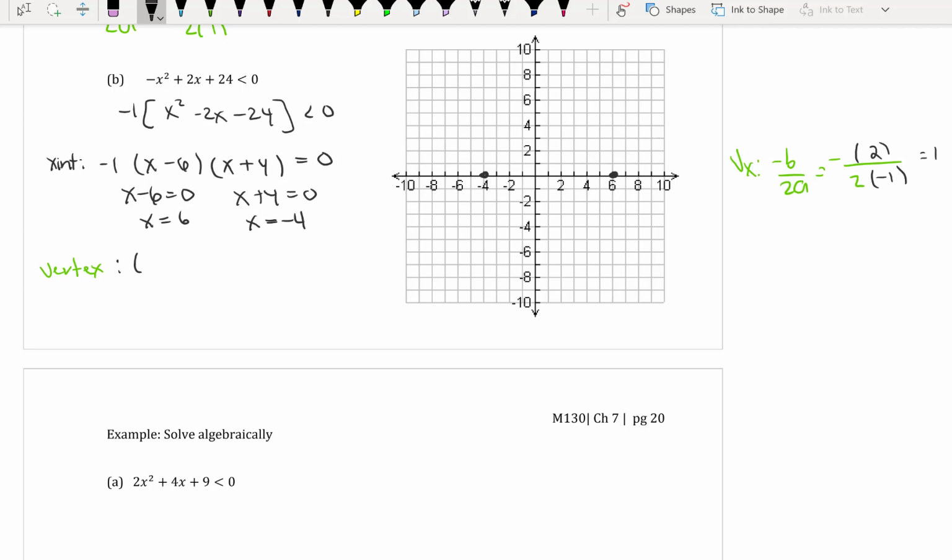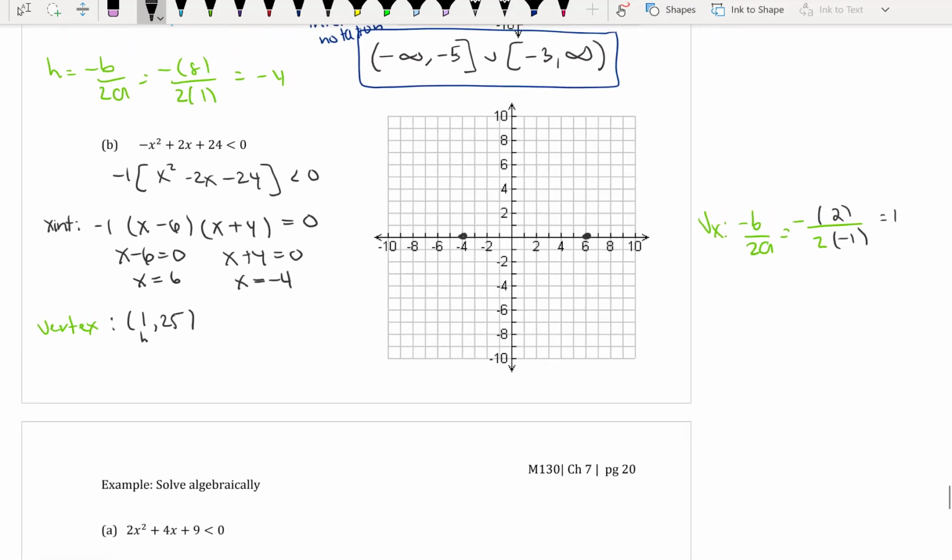So for my vertex, I have 1 as my h value. If I plug that into my original equation, negative parentheses 1 squared plus 2 times 1 plus 24, that gives me 25. So 1, 25 is going to be my vertex. That is going to be way up here.